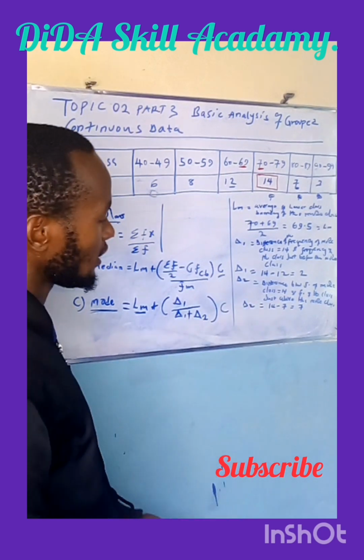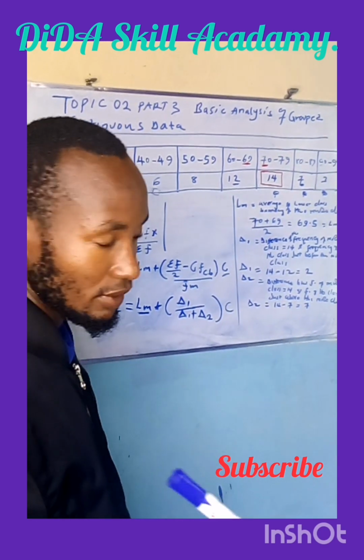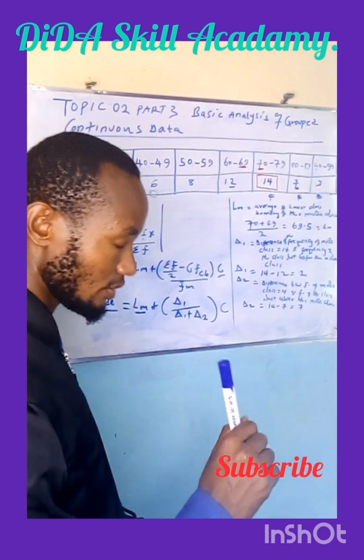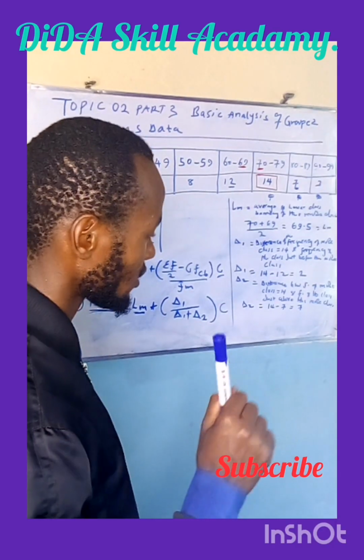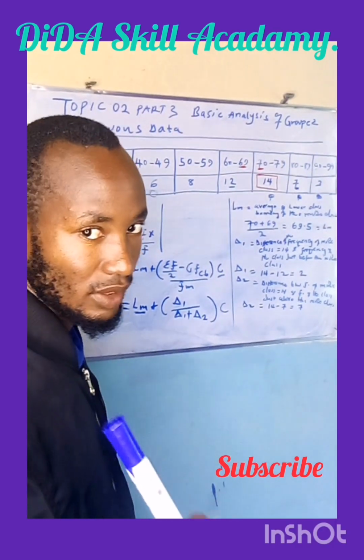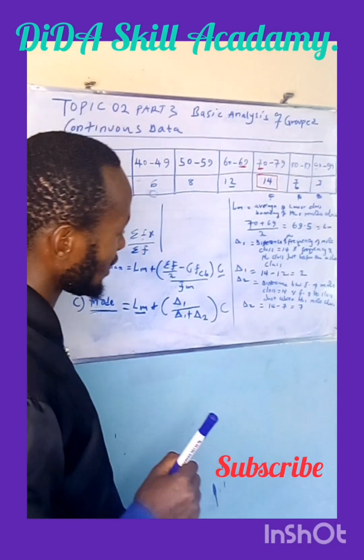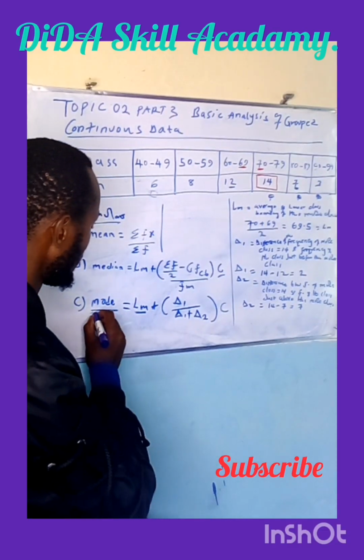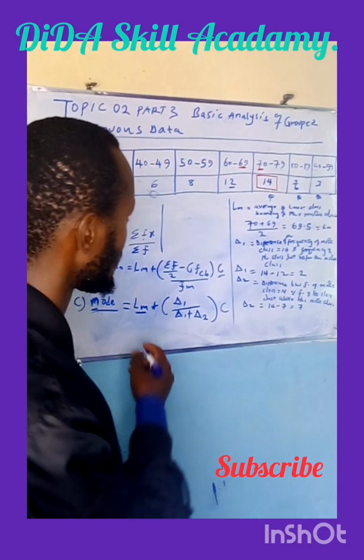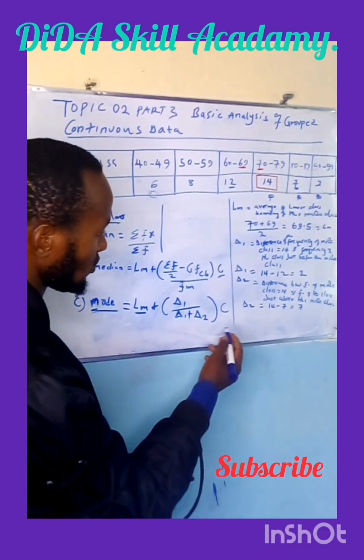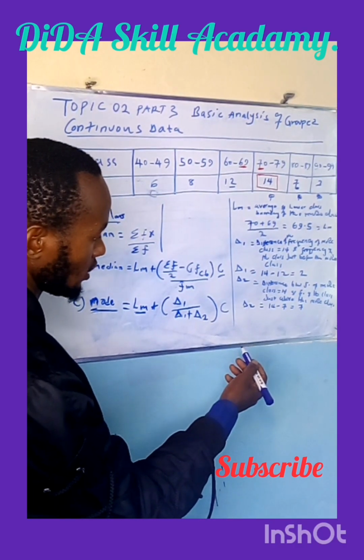And then we have the class size. Those who were in the previous lesson, we calculated the class size of the median class. But today we are dealing with the mode, the measure of center of the presented continuous data in front of us.